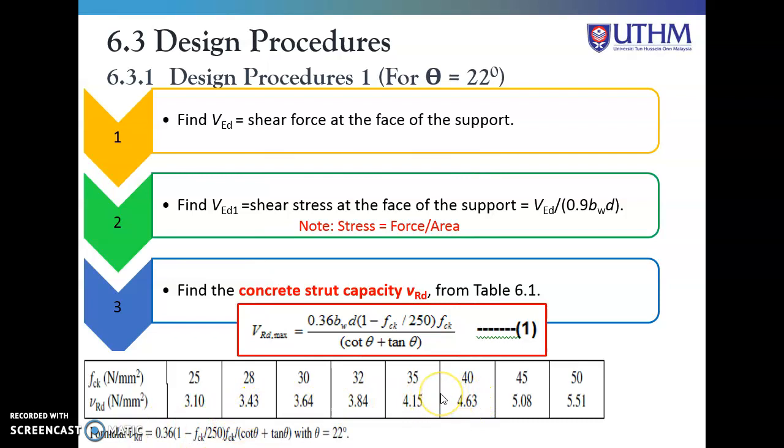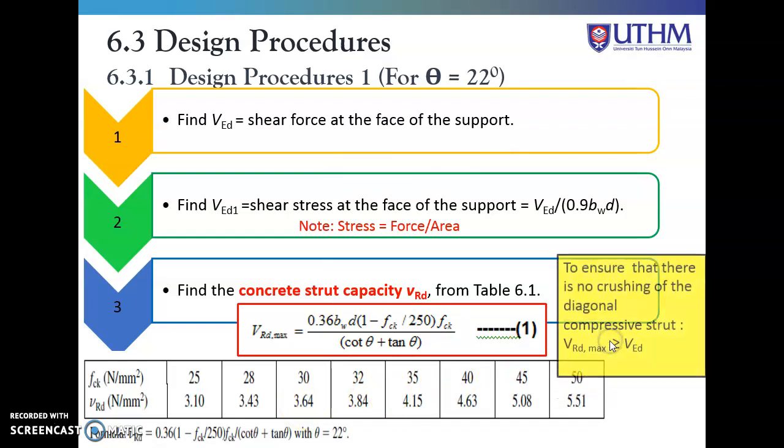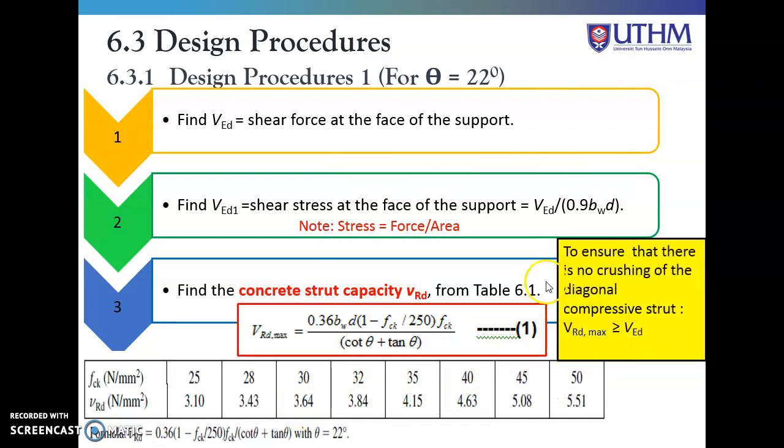So let's say they are given concrete 30. So the VRD is 3.64. Alright. Okay, to ensure that there is no crushing of the diagonal compressive strut, VRD must be greater than our VED, our shear force.